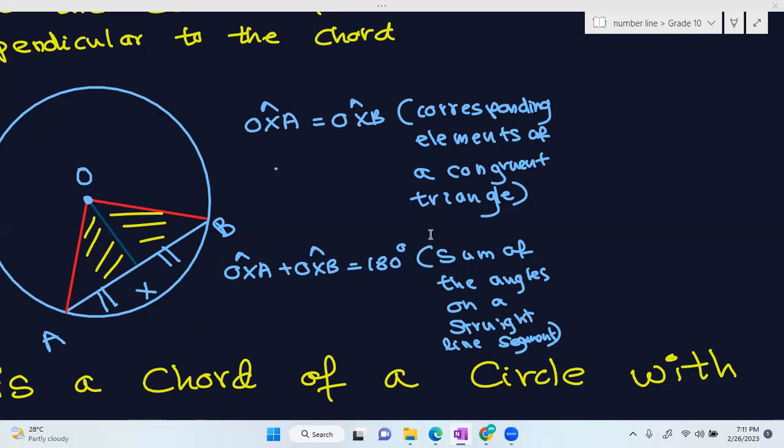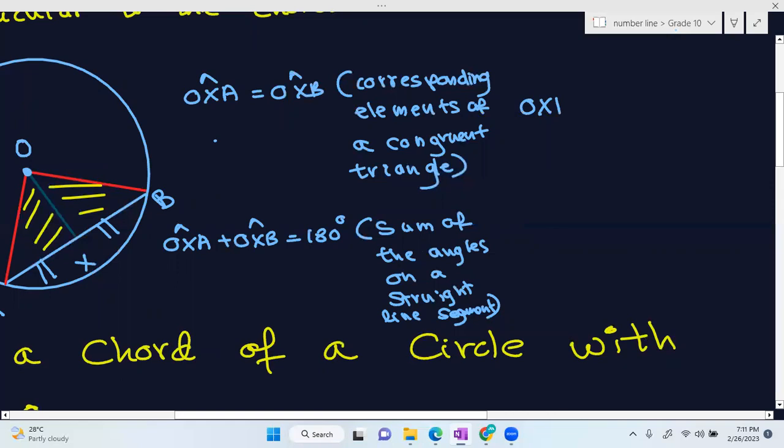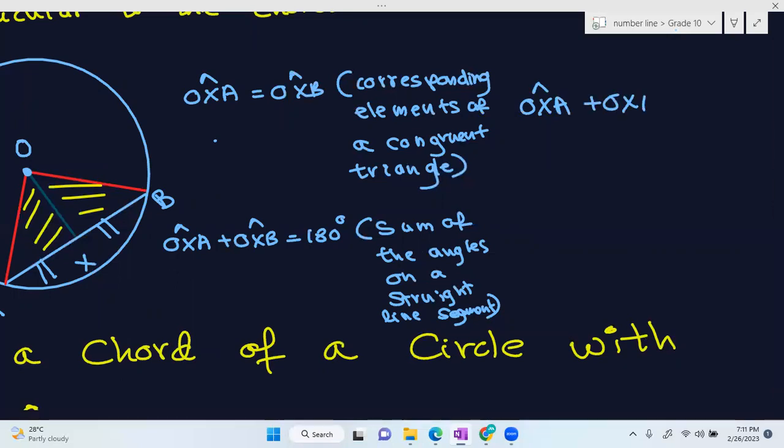Instead of OXB I put OXA, so OXA plus OXA, because these two are equal to each other. We have proved that it is equal to 180.